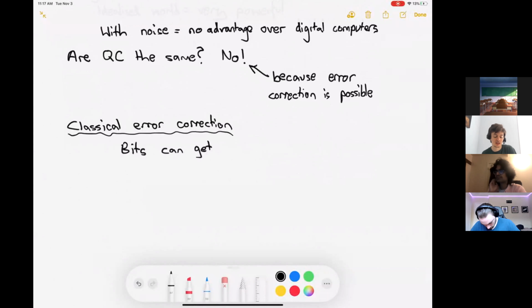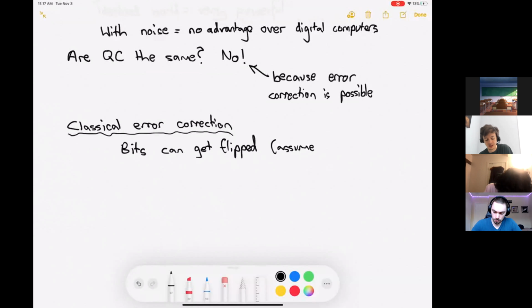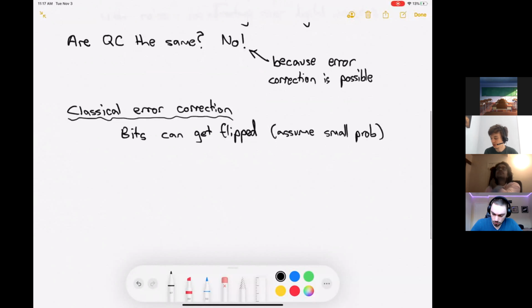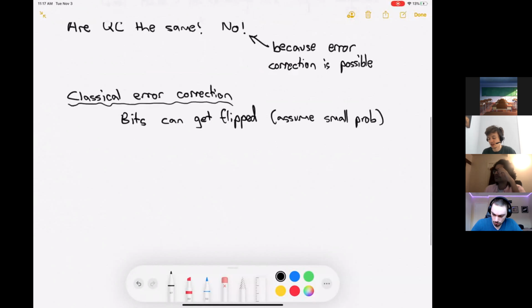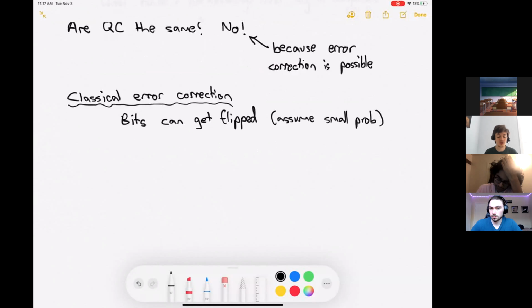It can start as a 0, but then there's some probability that it gets flipped to a 1, right? But we're going to assume that the probability of that happening is very small. We're going to assume our classical computers are pretty good, but not completely perfect.